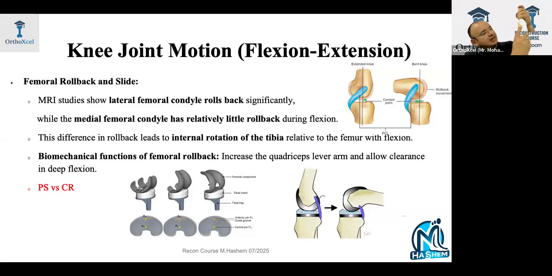When you bend your knee, you will see the point of contact running posteriorly, and it's more on the lateral than the medial because the medial is more distal and more stable. So when you move like that, this is what we call the femoral rollback.